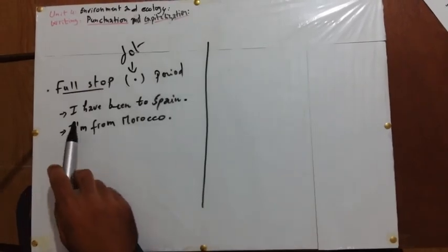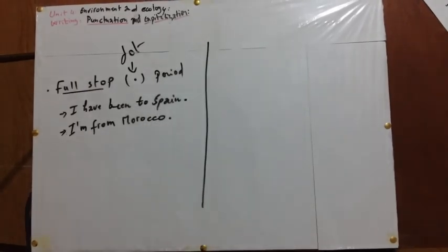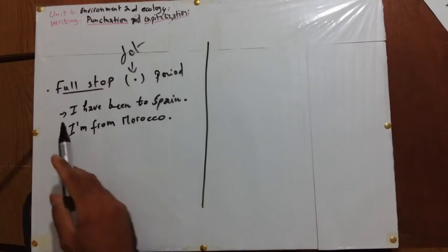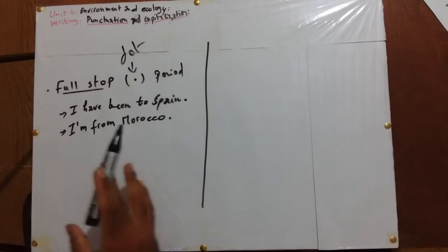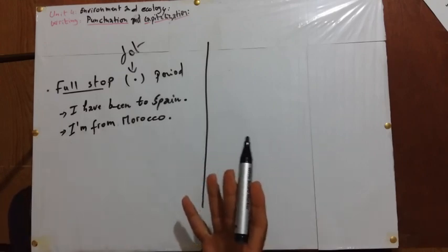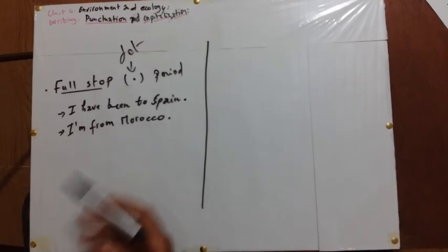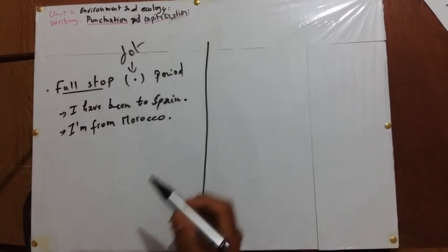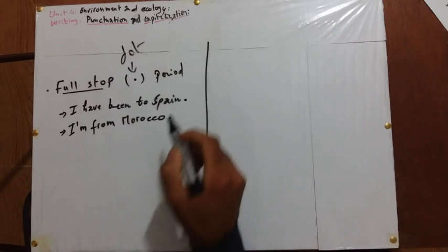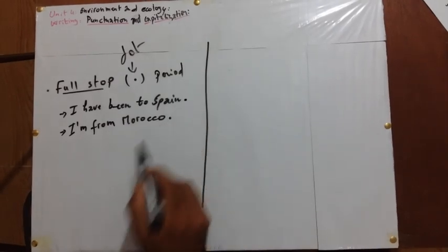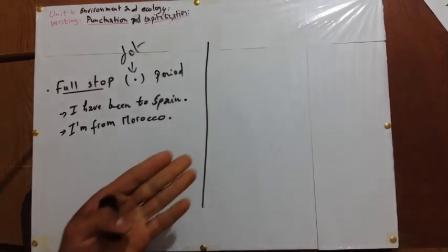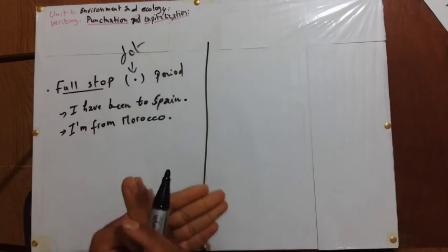The first example, I have been to Spain. I'm from Morocco. These are two sentences. The first one and the second one are complete sentences. Whenever I finish a complete sentence, I put a full stop to finish it.